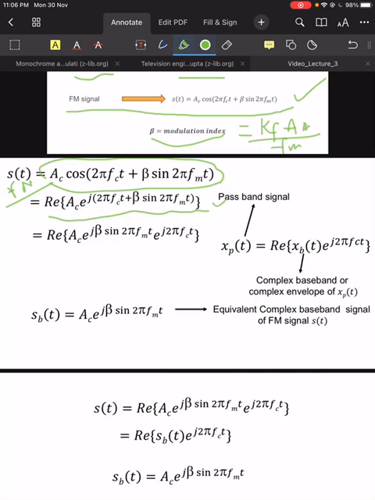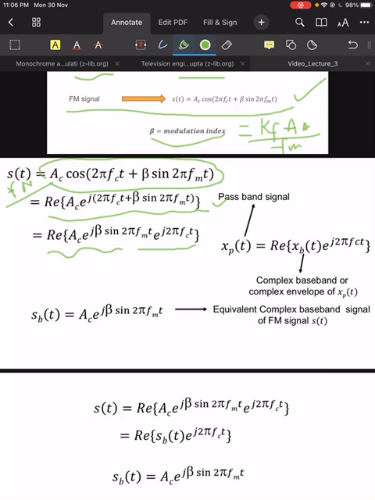And again I can expand and split this as the real part of Ac e^(j β sin(2π fm t)) times e^(j 2π fc t).